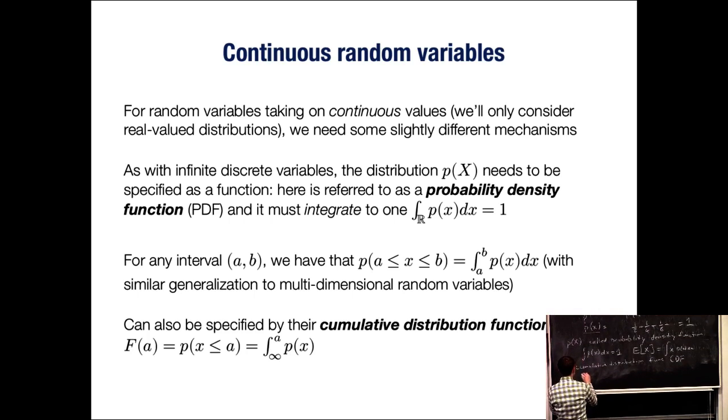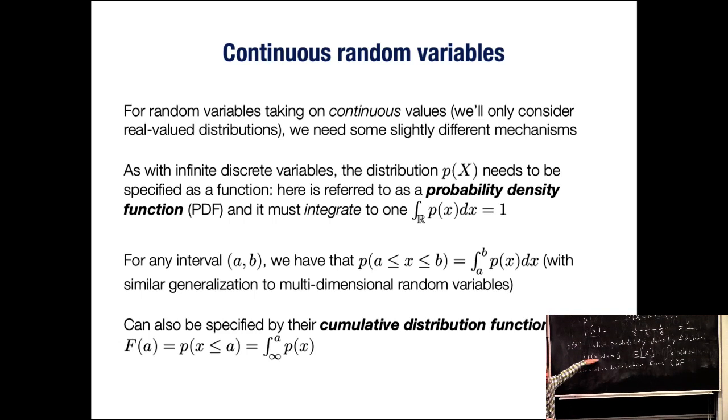The problem here is that we don't actually have probabilities, right? This is some density that isn't quite clear what it actually means. So the way to get probabilities out of this is to integrate this function. And so the cumulative distribution function, which we write F of a, is equal to the probability that x is less than or equal to a, which is equal to the integral from negative infinity to a of p of x.